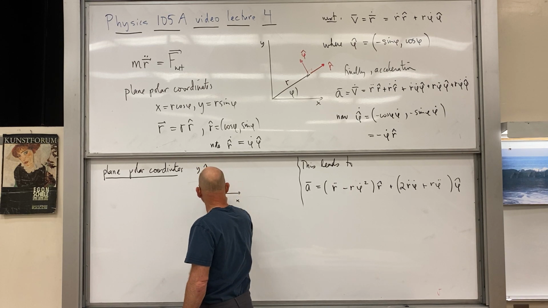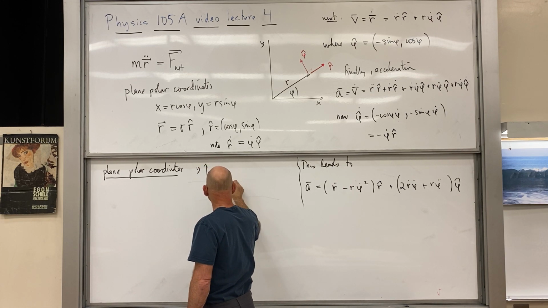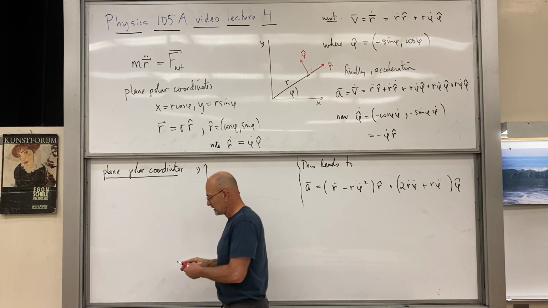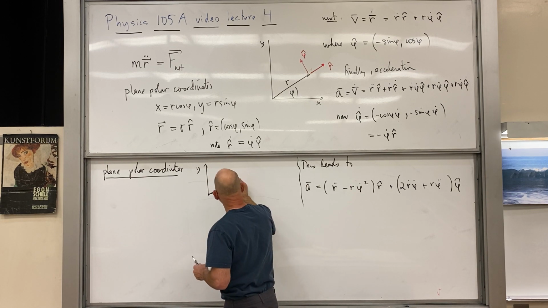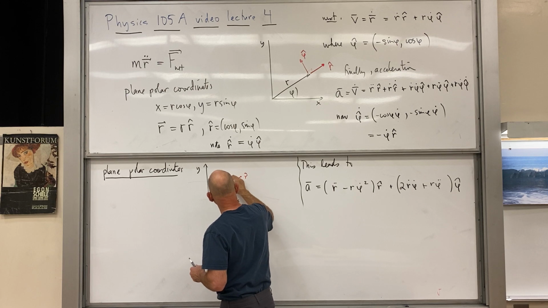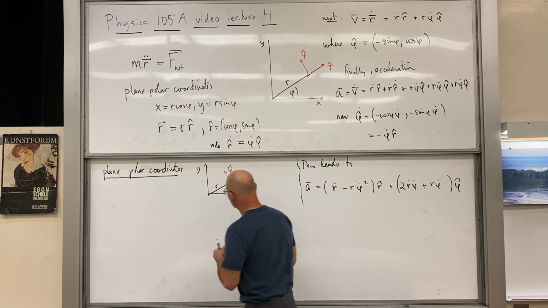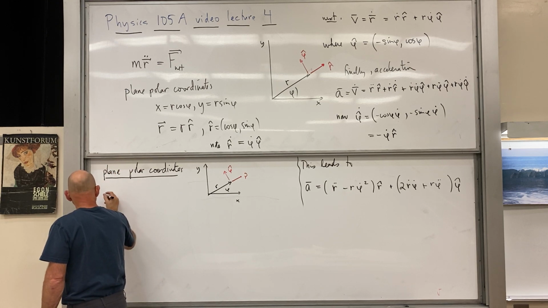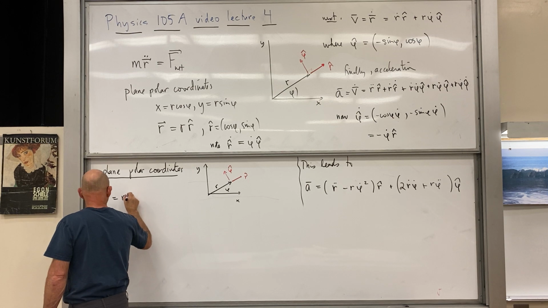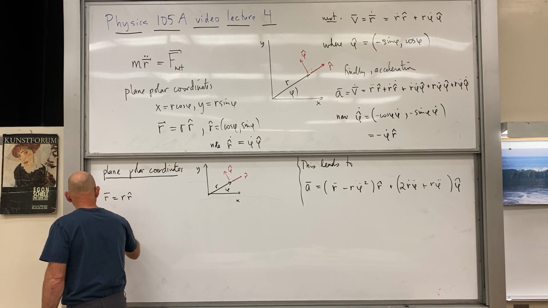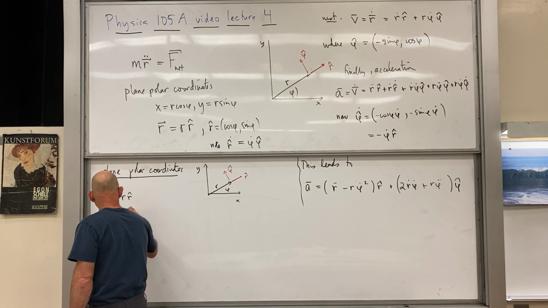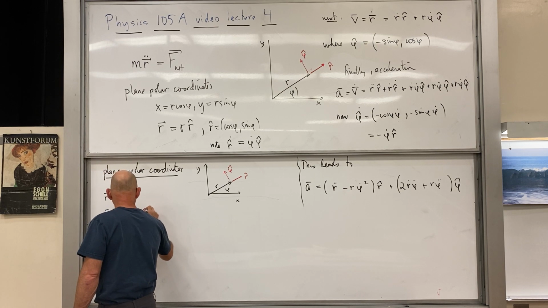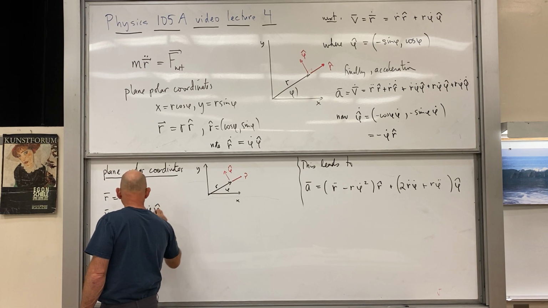X, Y, phi, r, and r hat, phi hat. And so what did we have? We had r is equal to r r hat, v is equal to r dot r hat plus r phi dot phi hat.